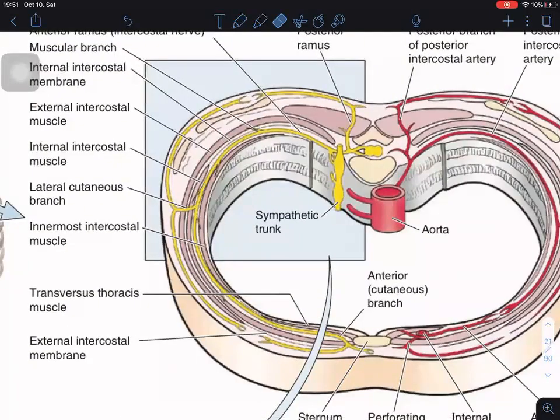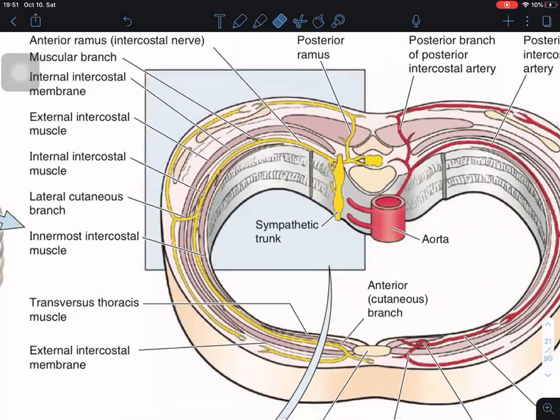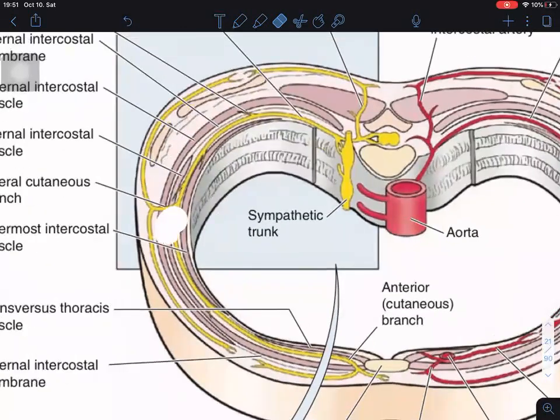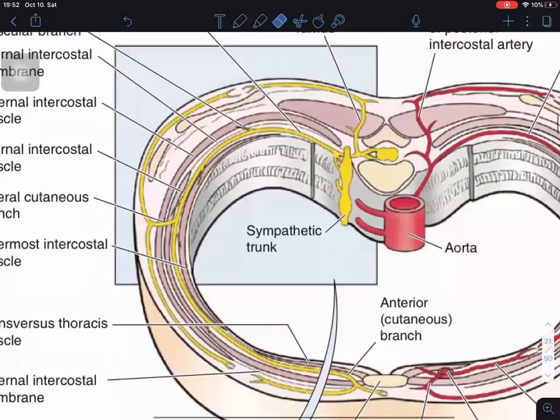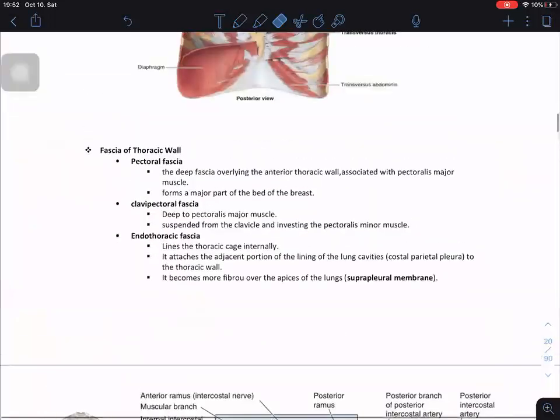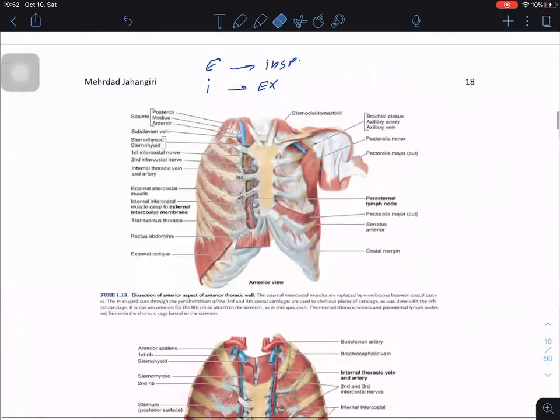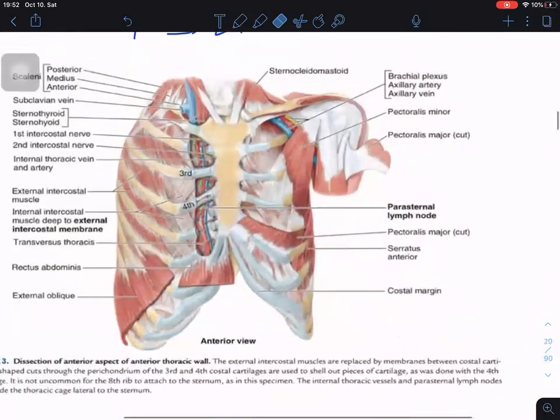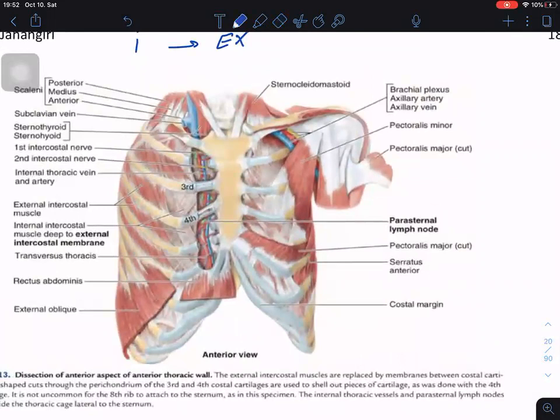Functionally, the innermost intercostal muscle works together with the internal intercostal, since their muscle fibers run parallel with each other. So these are expiratory muscles. All right, what we see over here, just imagine that the cadaver is lying in front of you and you're looking at the anterior thoracic wall.